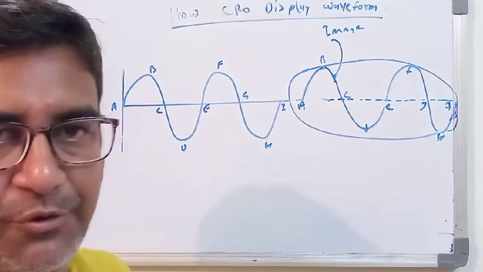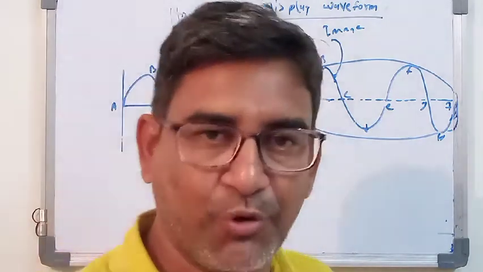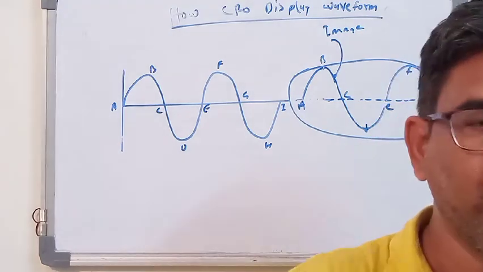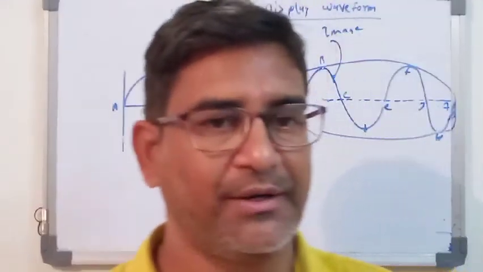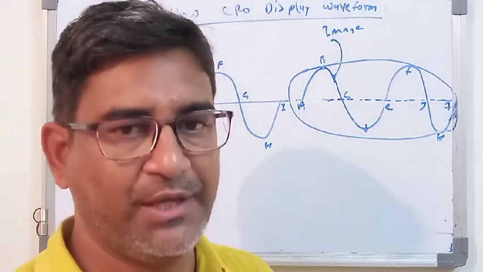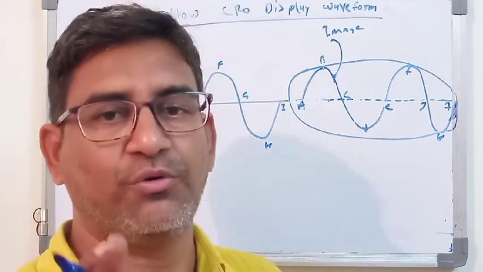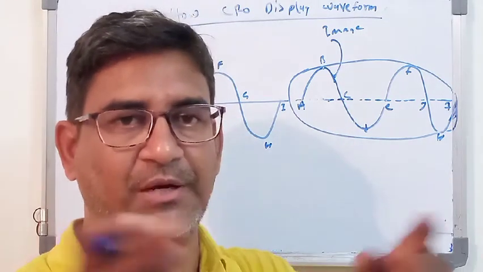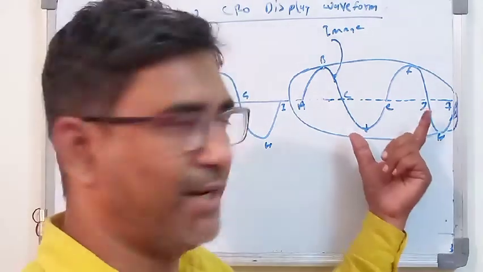Whatever polarity occurs with the input signal, the beam moves, and the resultant motion of the electron beam is displayed on the CRT, showing the vertical input signal as a function of time. The simultaneous application of the deflection voltage to both sets of plates causes the CRT spot to trace an image on the screen. If you observe the screen in a box, you get the image, and that image is indicated like this.